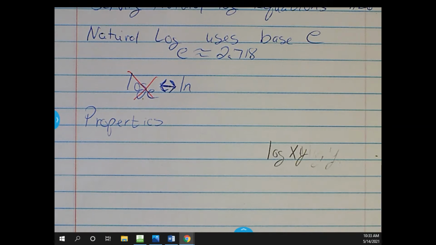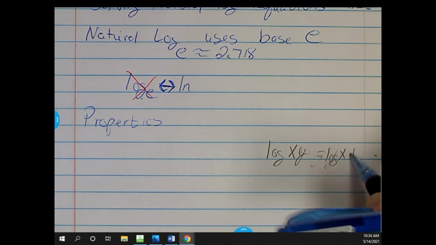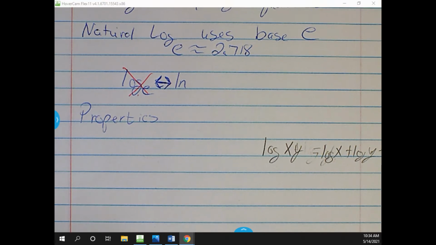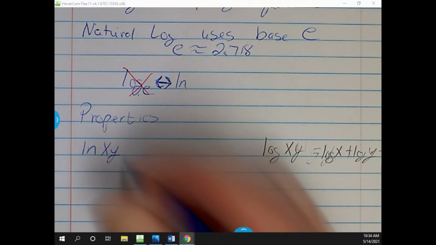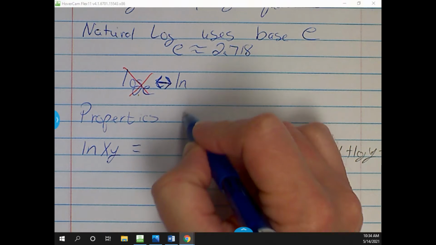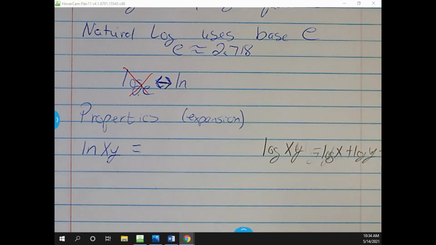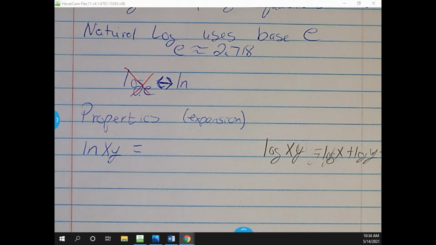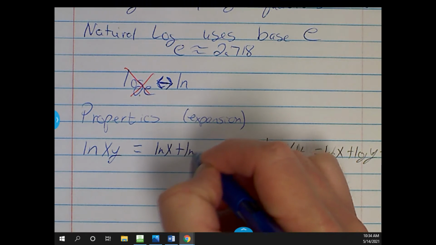If you remember a couple of days ago, when we had log of x times y, we could expand it to make it log of x plus log of y. Well, we're going to do the same thing with the properties, but this time with ln. So it's the ln of xy, and if you expand it, that's going to be the ln of x plus the ln of y.